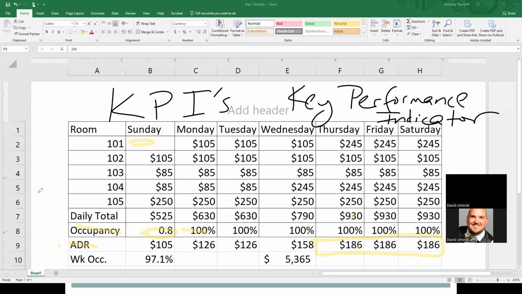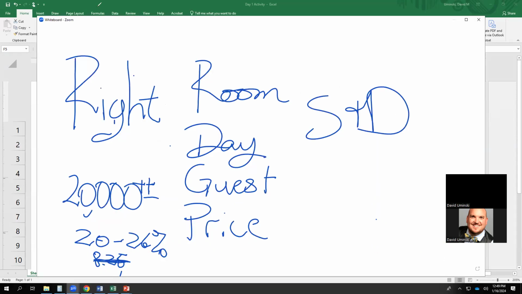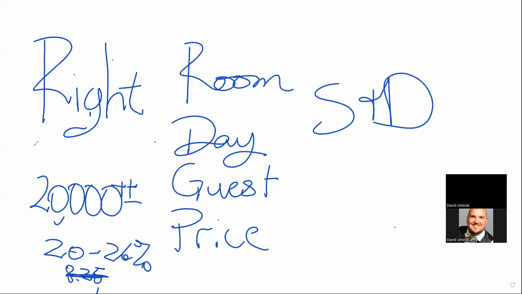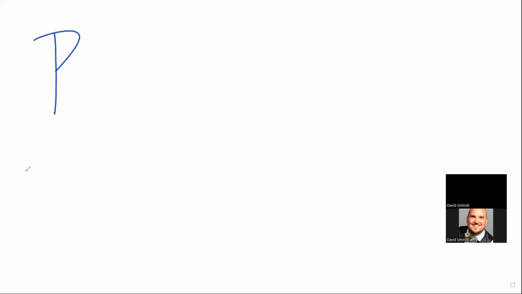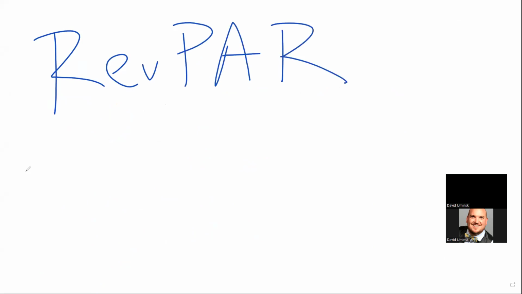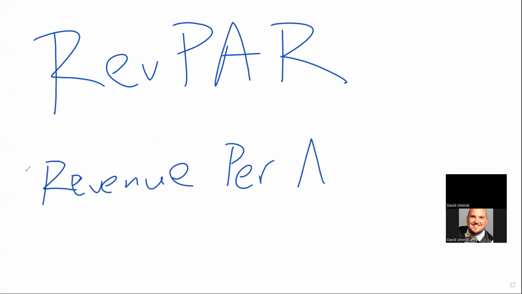So we'll talk about ADR. The last one, let me write it on the whiteboard, is revenue per available room.